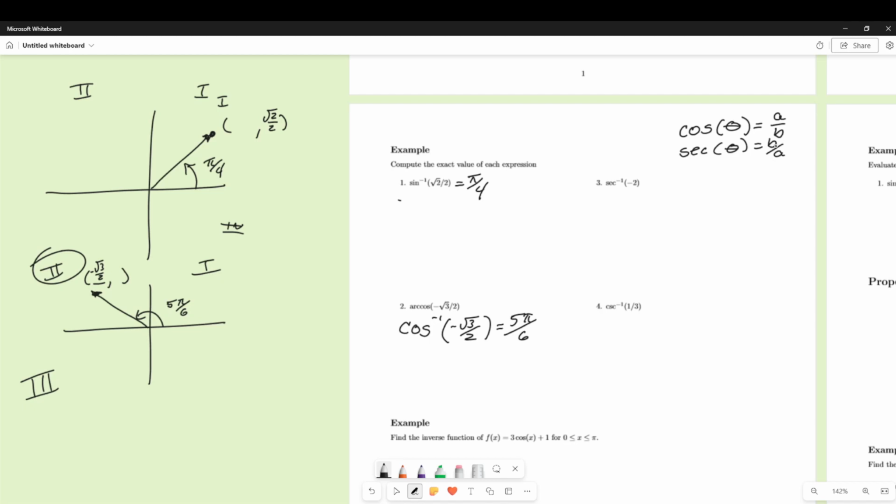We know they're reciprocals of it. But remember, this inverse function is acting on these ratios. That means the secant inverse of negative 2 is the same as the cosine inverse of negative 1/2. It's reciprocal. And that's crazy that we can just do that.